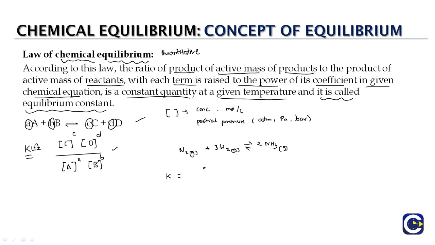The product here is ammonia, so within parenthesis we keep ammonia, power 2 because the coefficient is 2, divided by the reactants: the active mass of nitrogen gas, power 1 because the coefficient is 1, and the active mass of hydrogen, power 3 because the coefficient is 3. So this represents the equilibrium constant for the reaction where nitrogen gas and hydrogen gas combine to form ammonia gas. So this is about the law of chemical equilibrium.